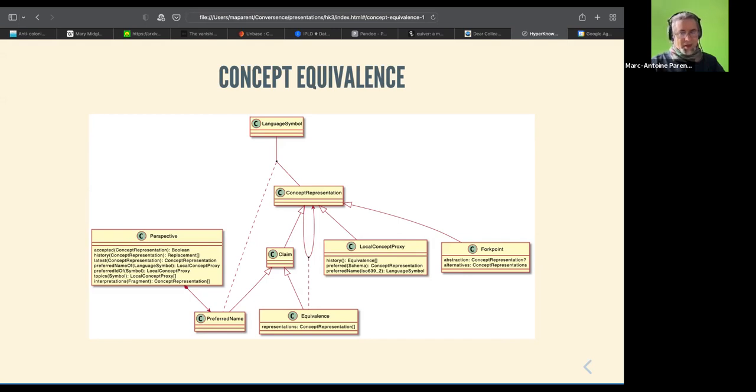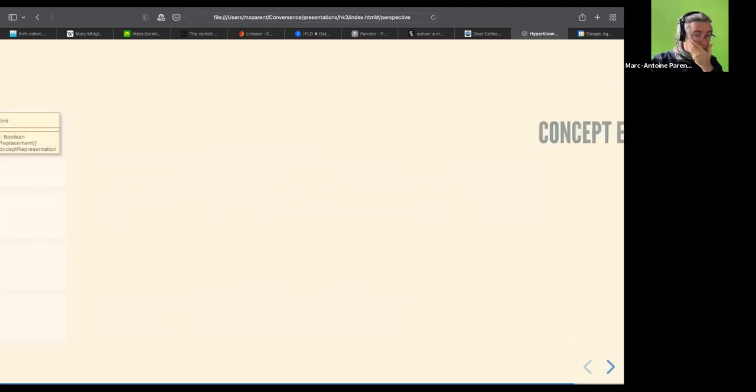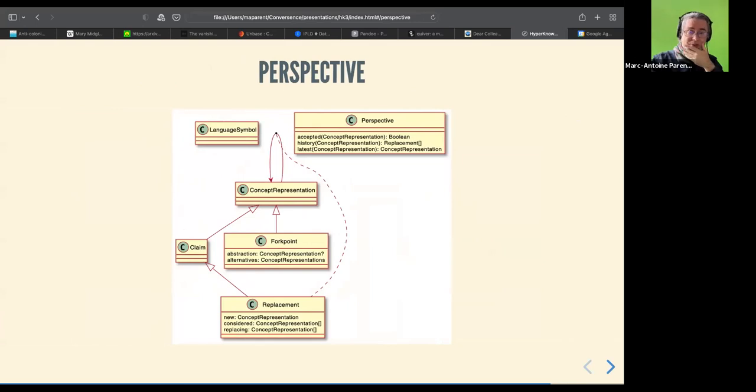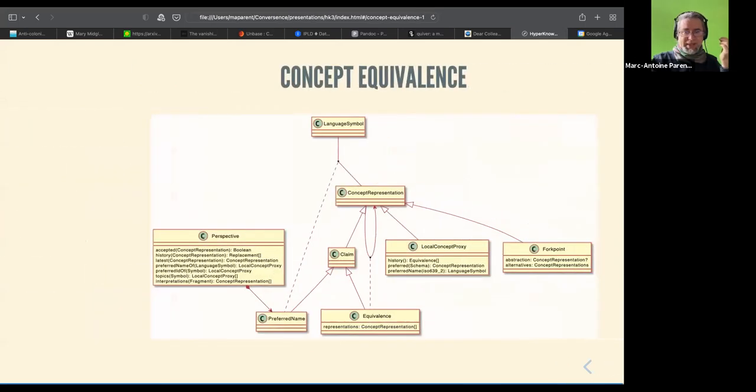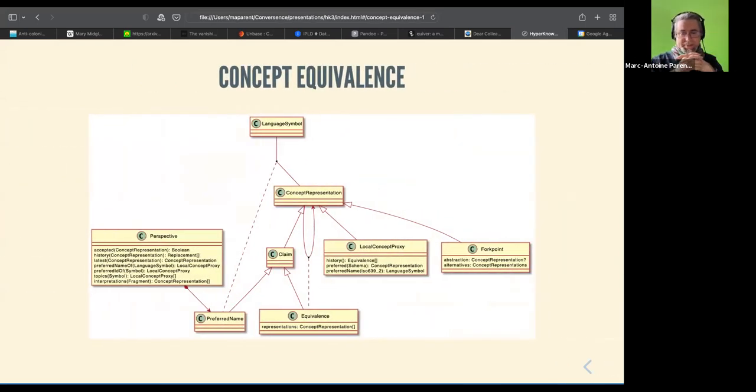A lot of things are materializations of all the possible either equivalent concepts, concept representation, or the non-equivalent ones using the fork points and the distinctions. Being able to do that within a perspective allows me to have clear materialization.